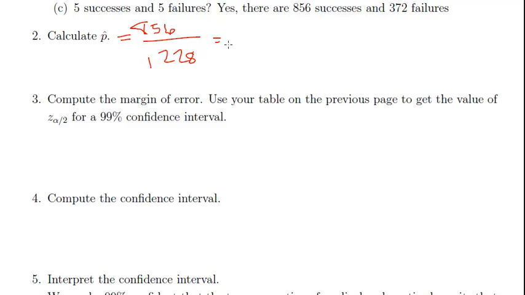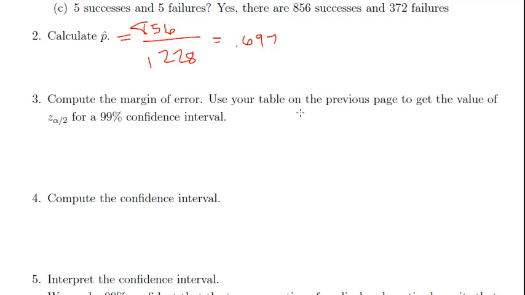And that's equal to, and you should take things to 3 digits, so we'll take it to 0.697. So 69.7% were successfully dropped. I think that's the sample proportion we're looking for.